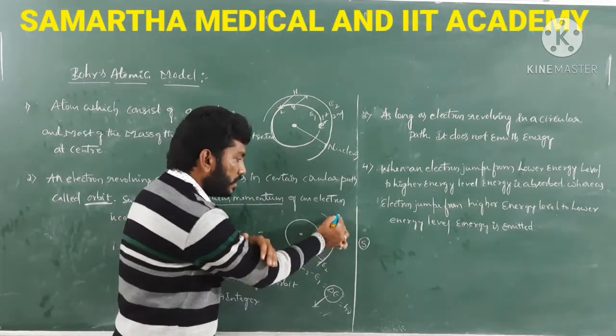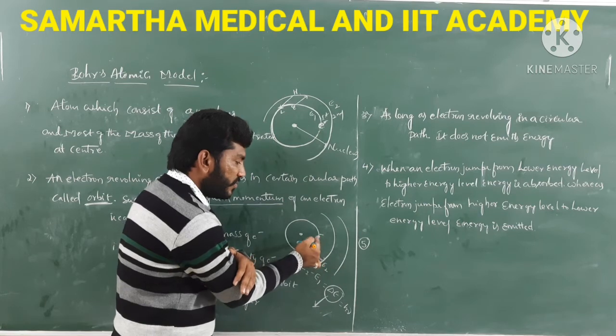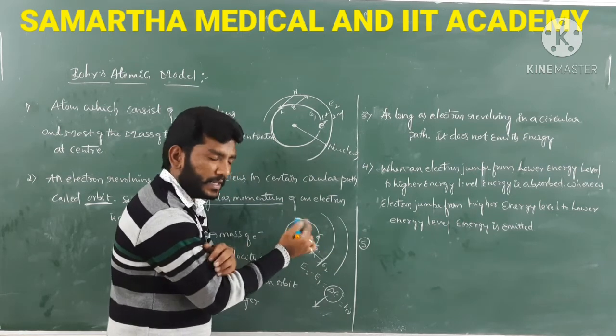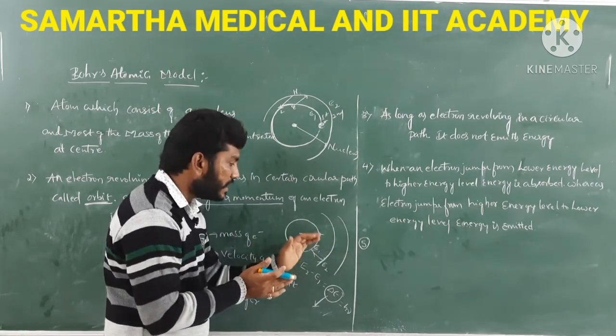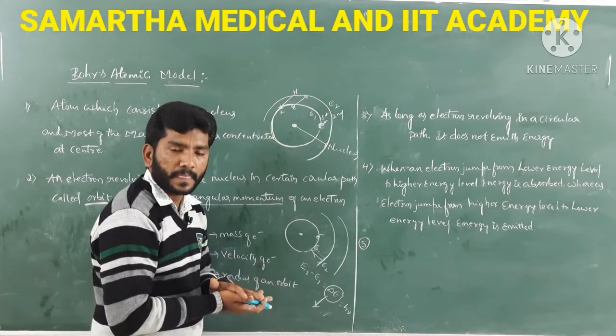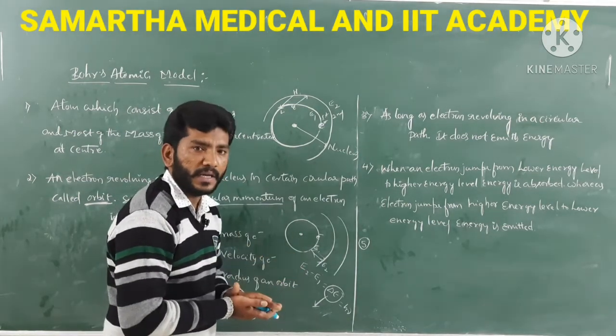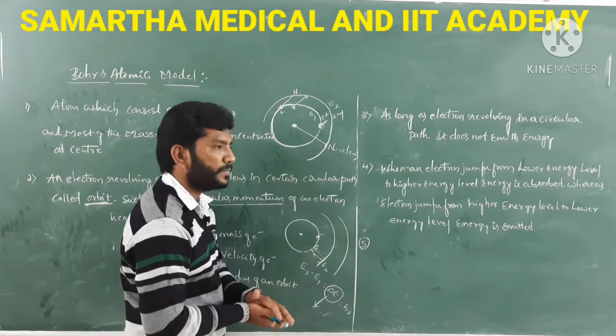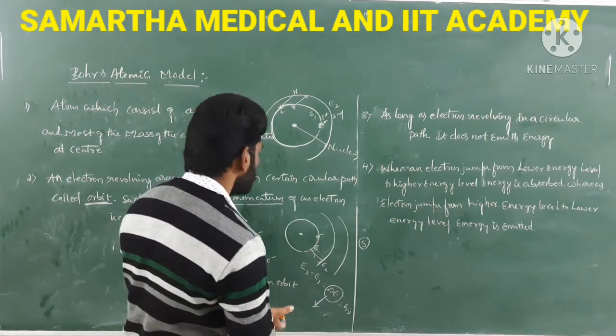Or suppose an electron makes a transition from the first orbit to the third orbit, then the energy difference must be E3 minus E1. Isn't it? So this is the scenario, guys. So this is the fifth postulate given by Bohr.